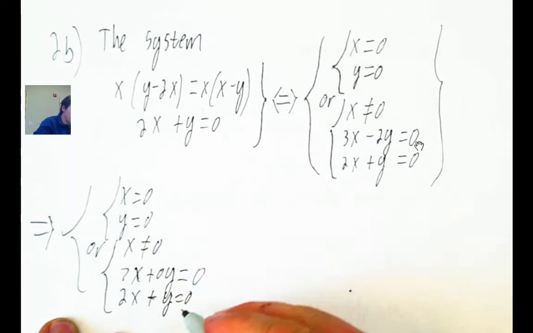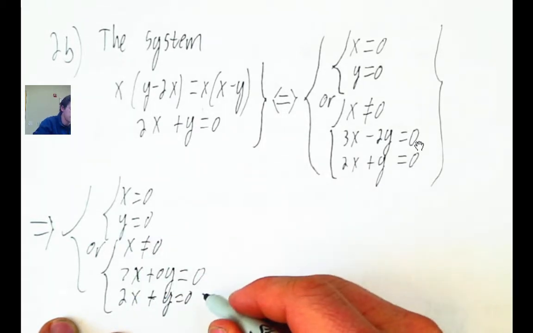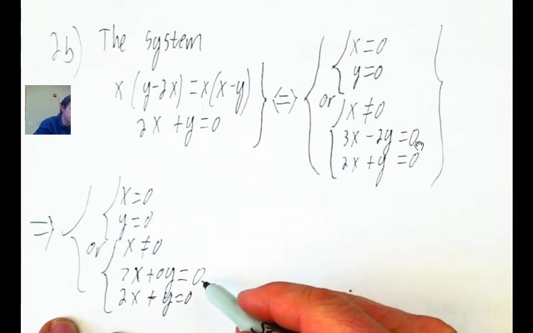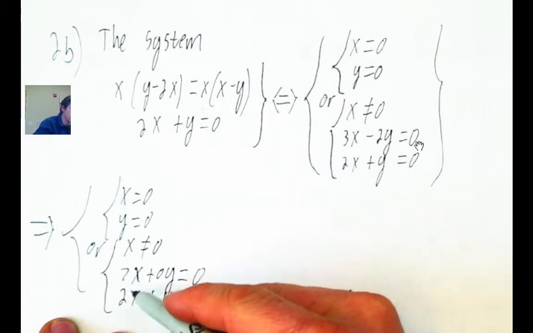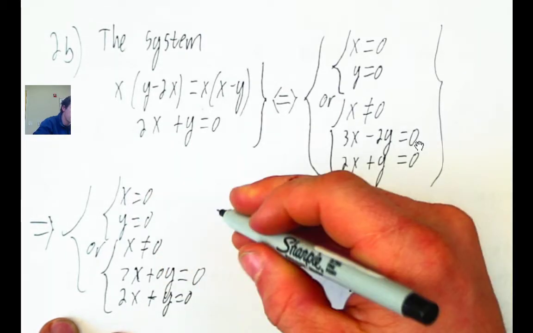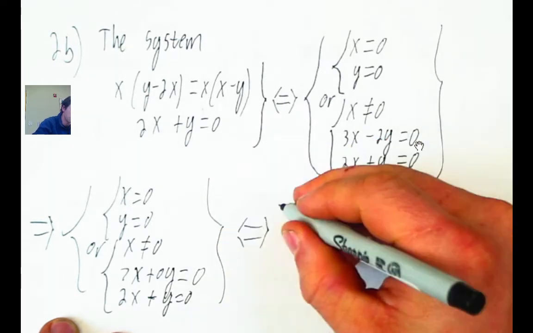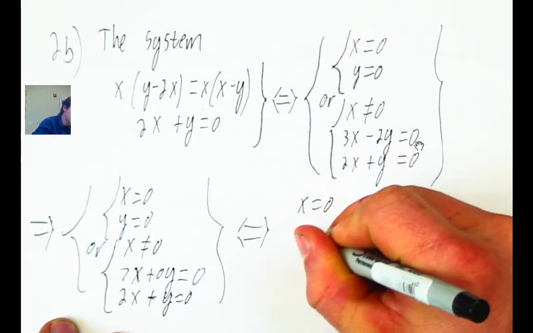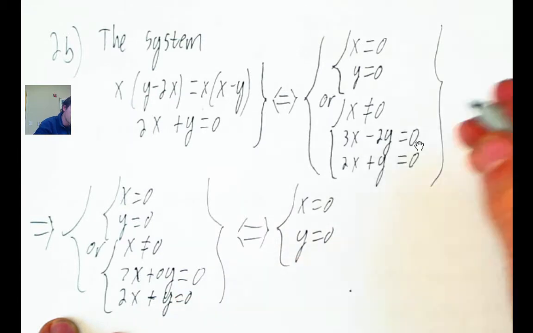Now, notice that this system right here, this system of 3 statements, that's incompatible. You can't have that x is not 0 and 7 times x is equal to 0. So there are no solutions to this system of 3 statements, but there is a solution to that. So in the end, this is equivalent to simply the system x is equal to 0, y is equal to 0, because there's no solutions to that.